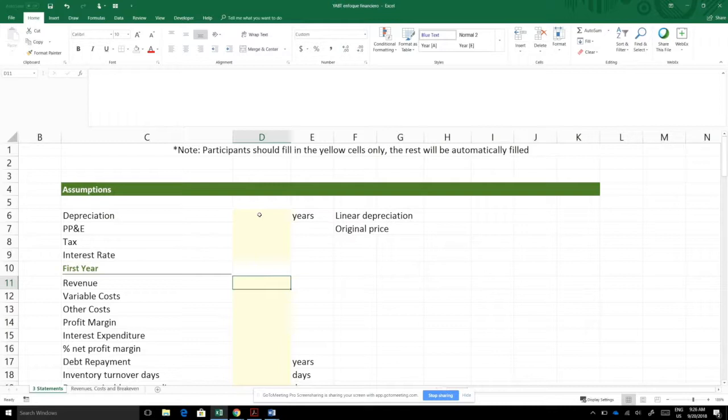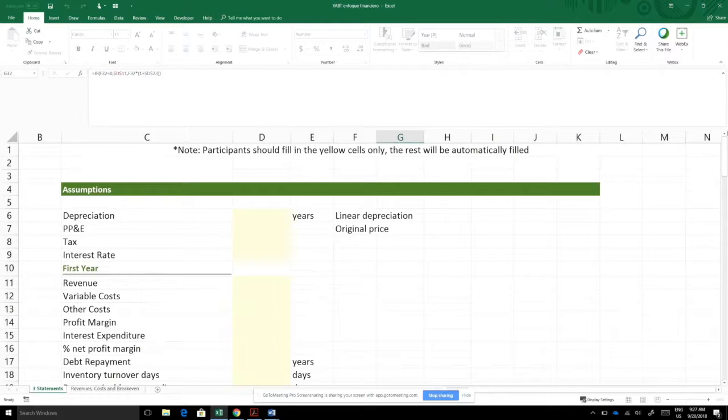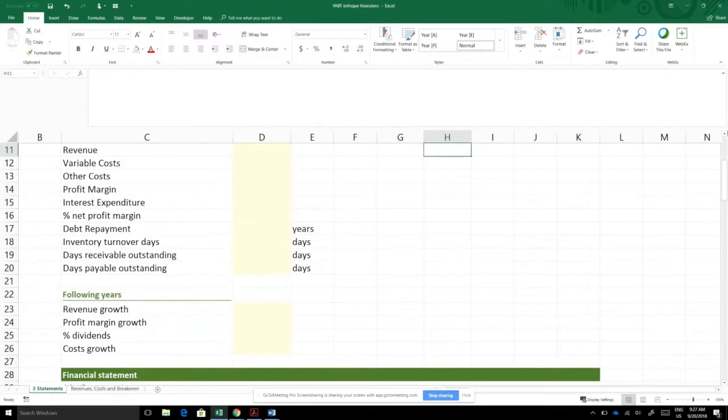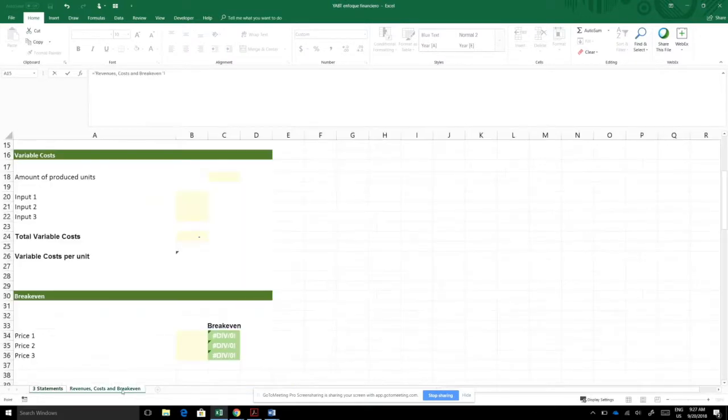Revenue is just how much you think your revenue is going to be in the first year, and you can bring it from the amount of produced units times the price that you're selecting, the price that you think is going to be your price.